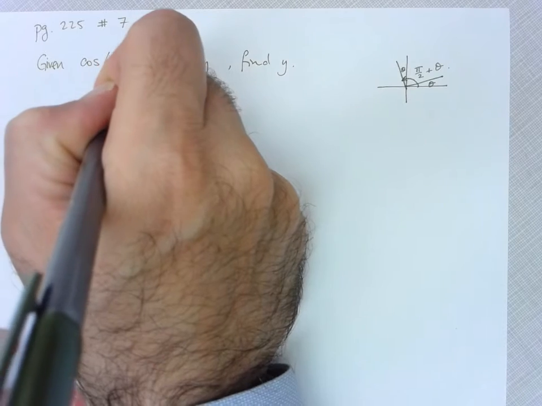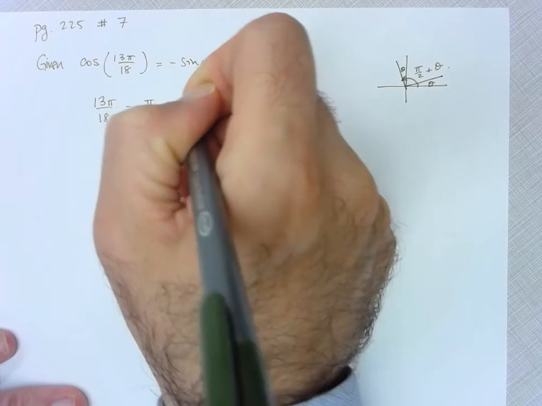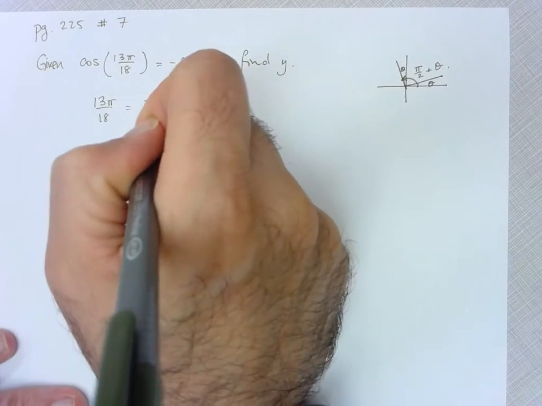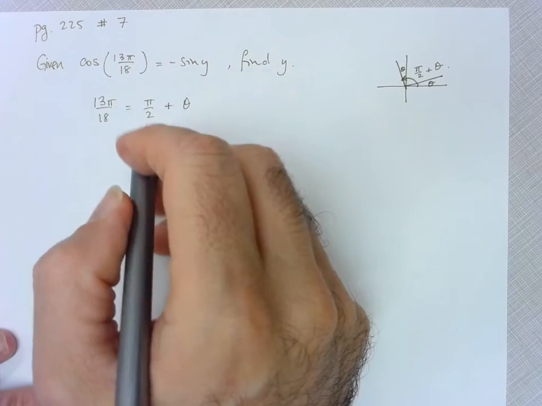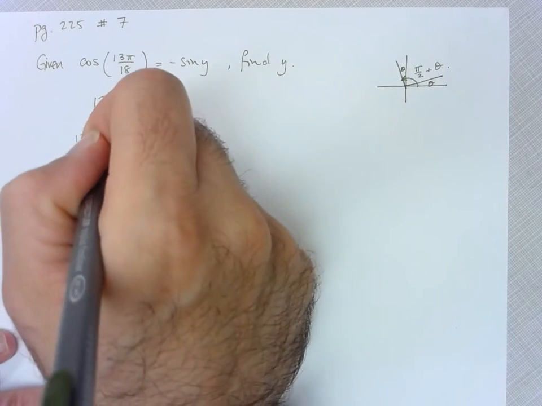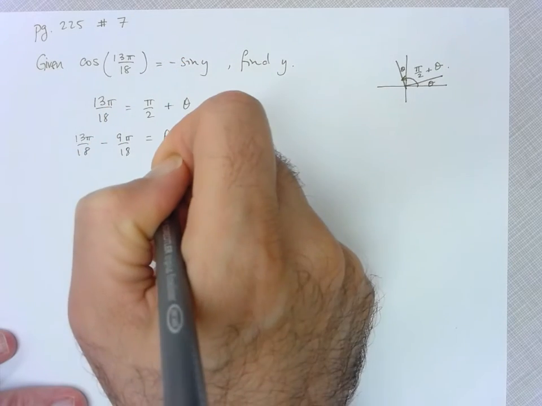Let's write 13 pi over 18 as pi over 2 plus some angle. So let's solve for what that angle theta is going to be. Here we've got 13 pi over 18 minus pi over 2. I'll write that as 9 pi over 18 so I can do the subtraction easily.